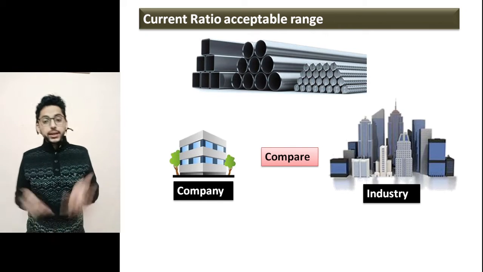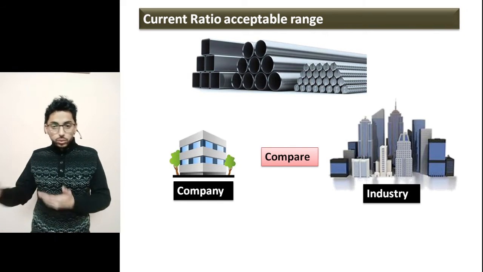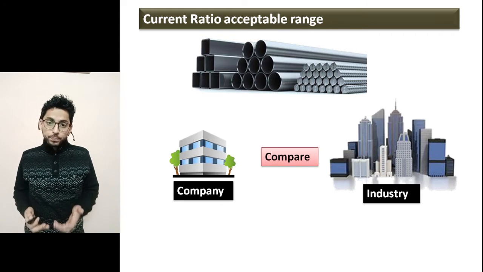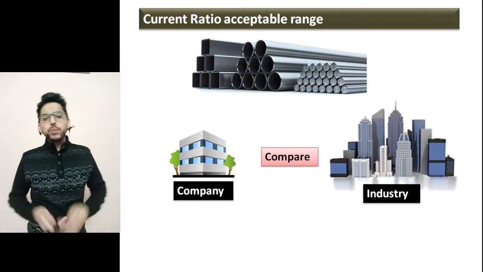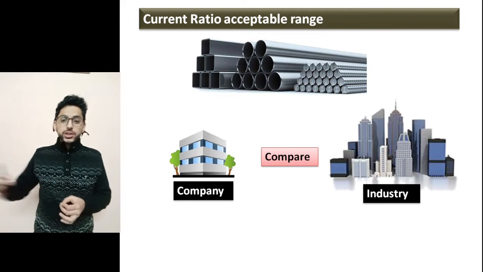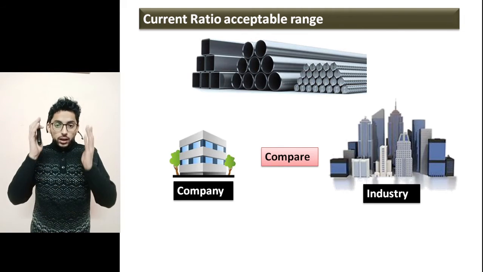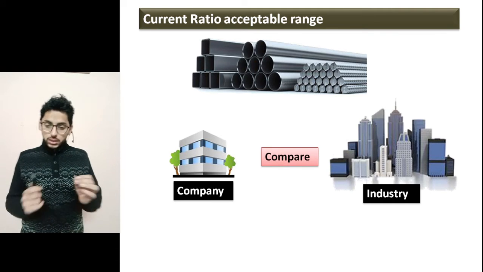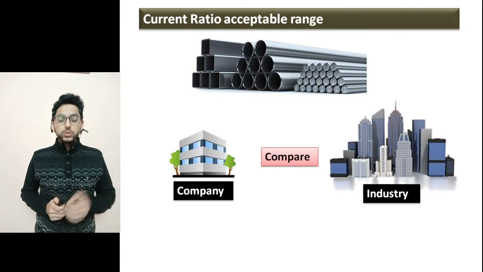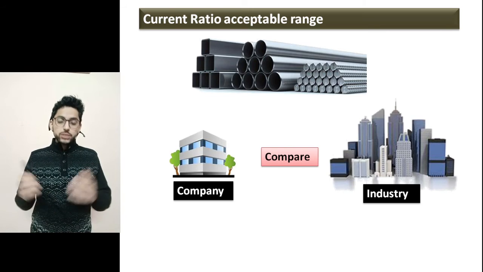This is how it practically happens. A lot of users of financial information compare the company's ratios, may it be current ratio or any other ratio, with the industry average ratios to look out whether the company's health is in a good situation or not. So you may consider the industry average as a benchmark.